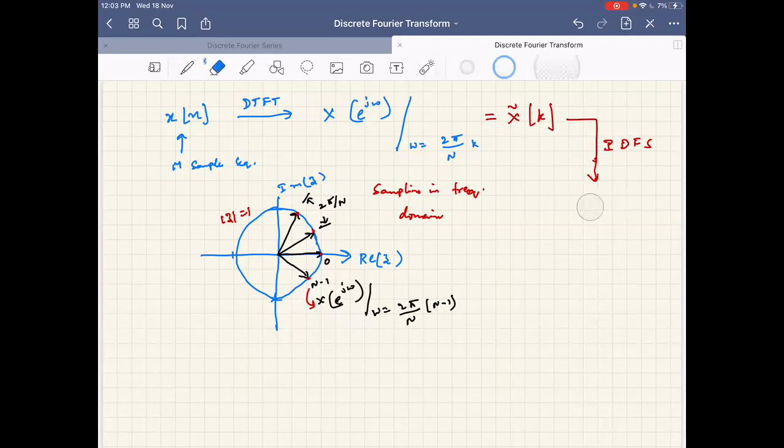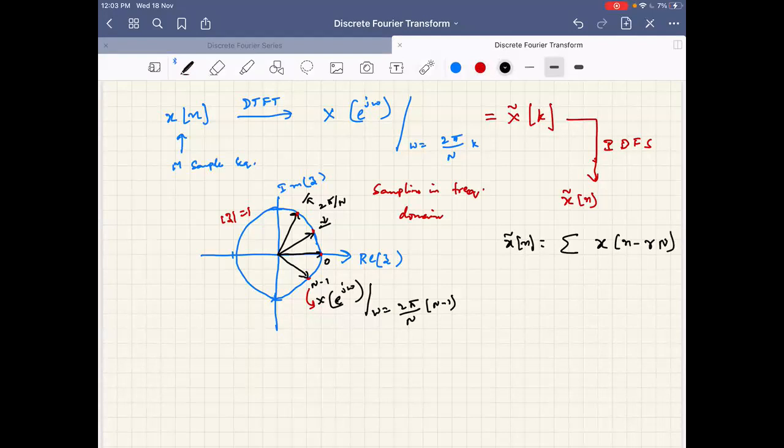And how does this x tilde of n relate to the initial x of n? X tilde of n can be written in terms of the initial x of n as x of n minus r n, because we have taken n samples in frequency domain.